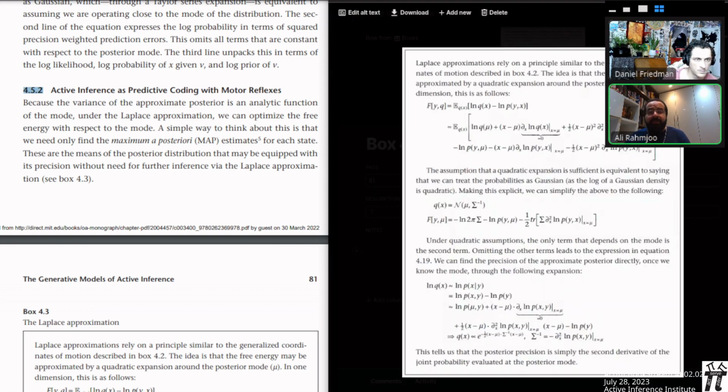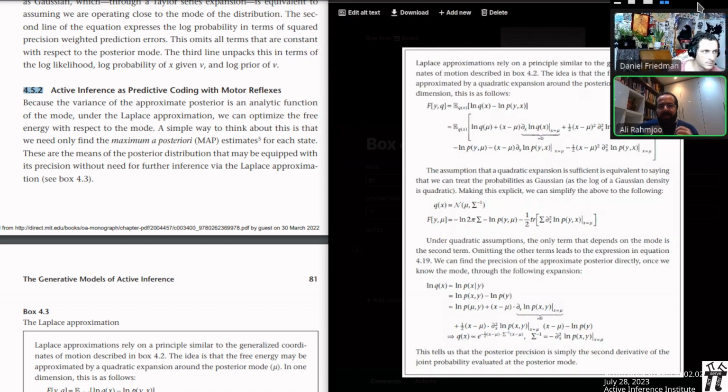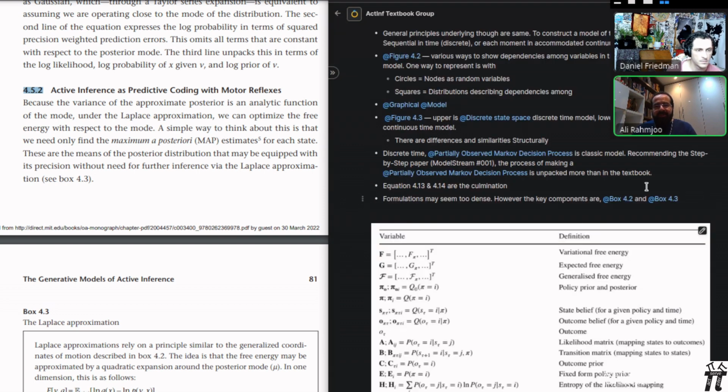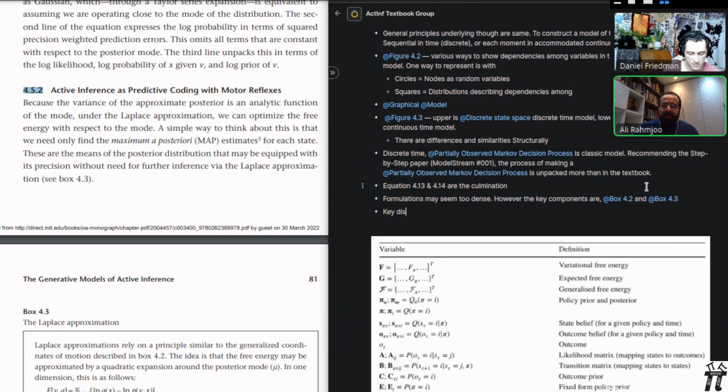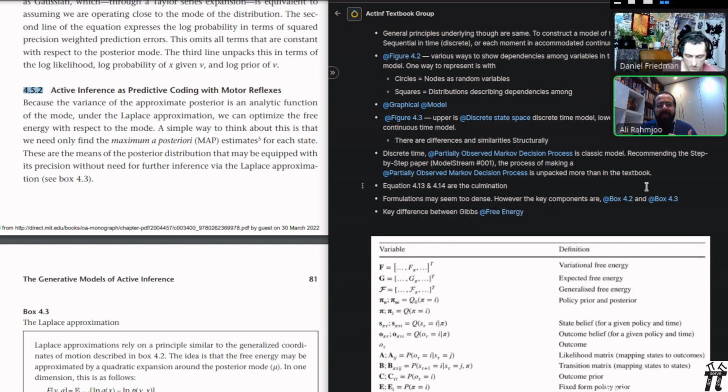So the key distinction between the free energy principle as described in active inference literature, as opposed to Gibbs free energy, is the Laplace approximation. This is what enables us to go from Gibbs free energy to the variational free energy.